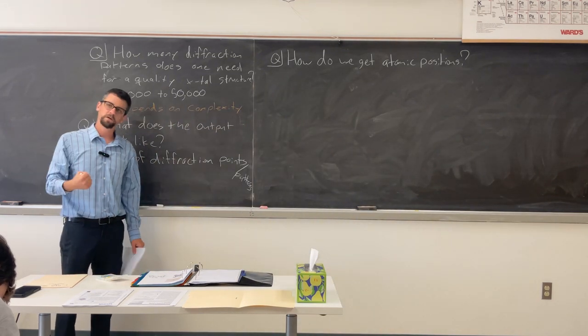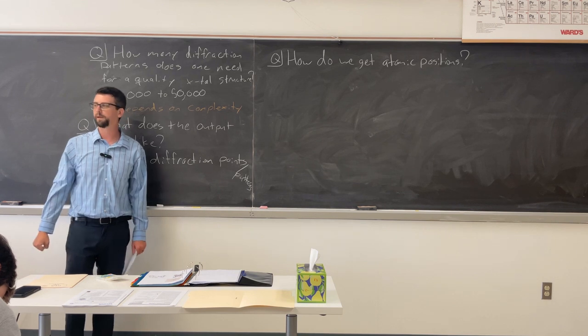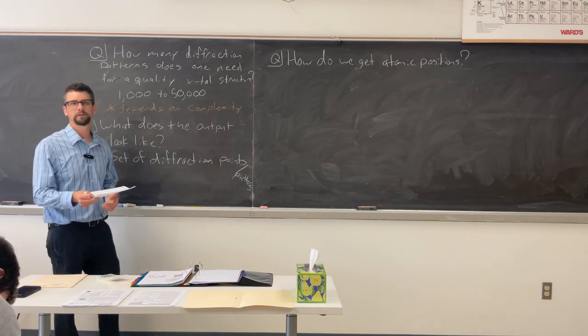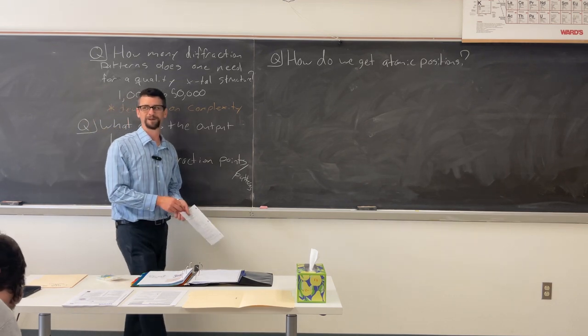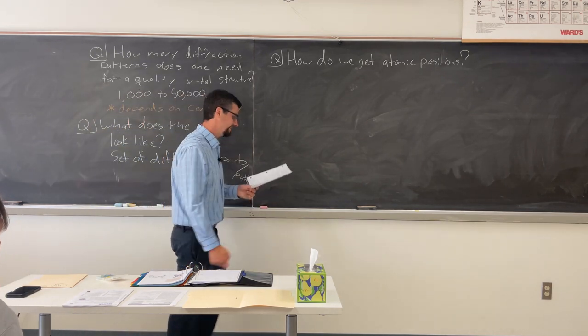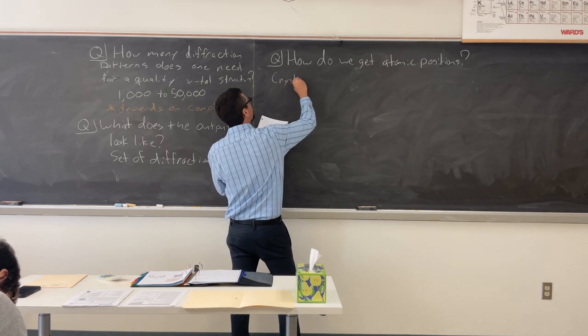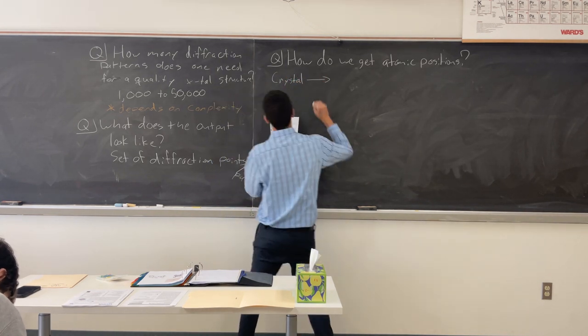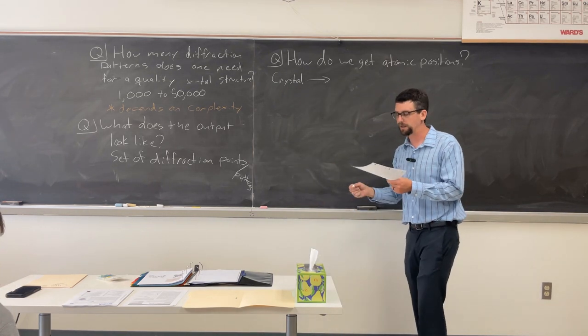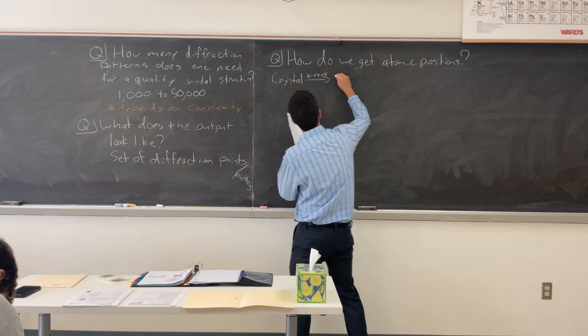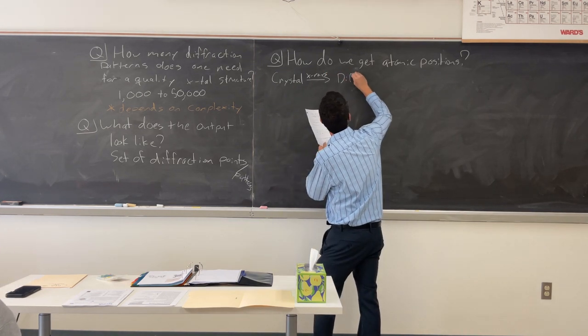So what's the first hurdle we hit with these types of experiments? What do we have to have? For single crystal, we got to get a single crystal. We have our crystal, we bombard it with X-rays. That's where we get the diffraction pattern.